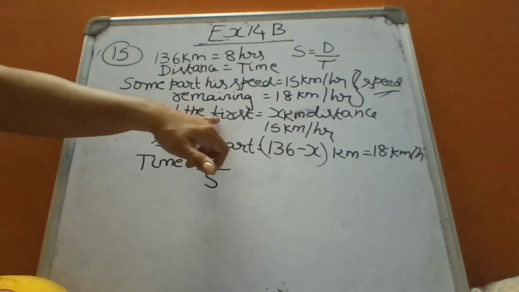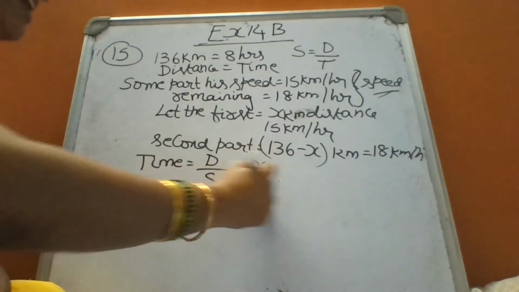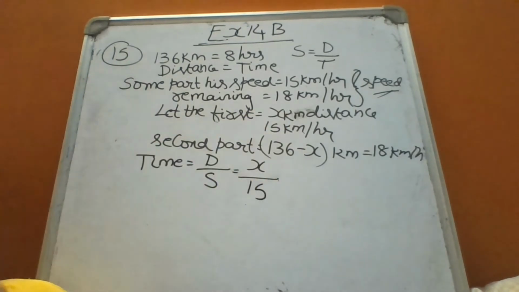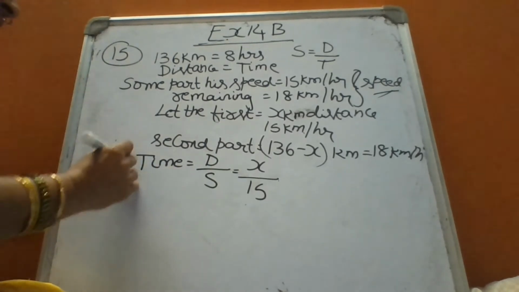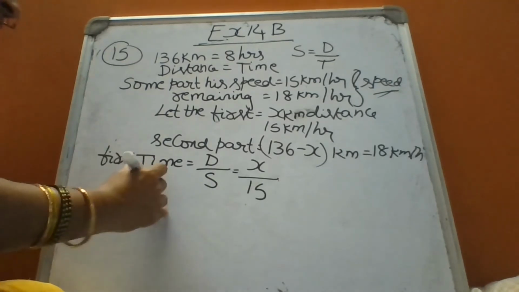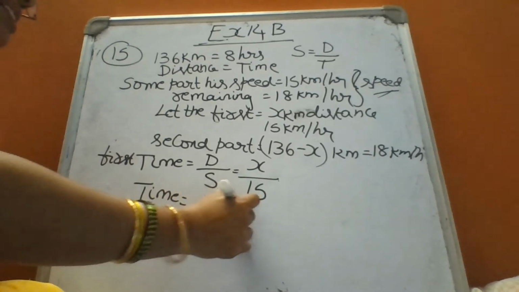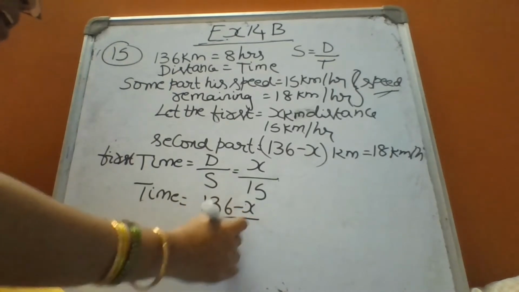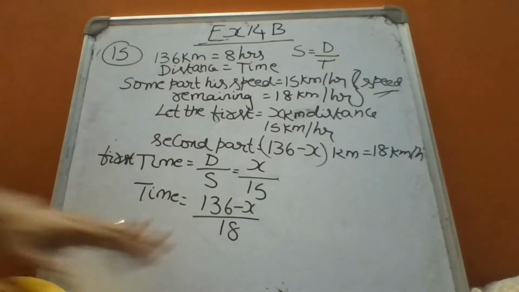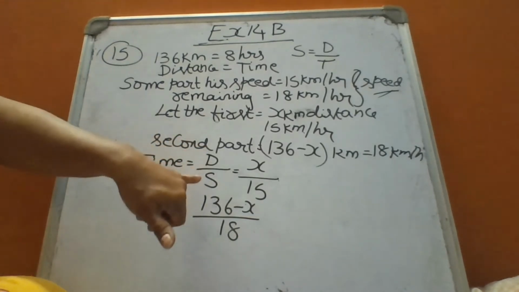For the first part of the journey, the distance is x kilometer and the speed is 15 kilometer per hour. And for the remaining part of the journey, the distance travelled is 136 minus x and the speed is 18 kilometer per hour. This is the time taken. The formula is distance by speed.